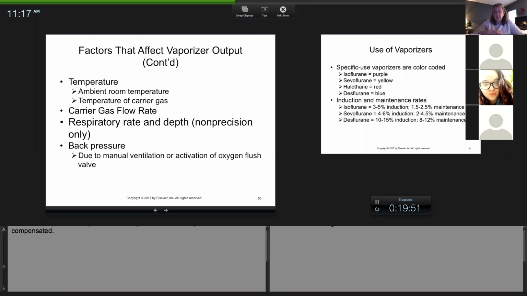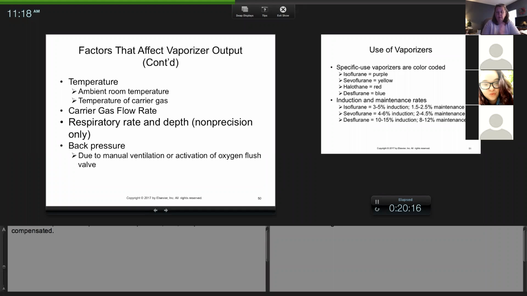If you have a patient that's breathing 12 times a minute, but they're breathing very shallow, they're not taking very strong breaths. They're not pulling as much oxygen and anesthetic through that jar. But that's only with a non-precision.